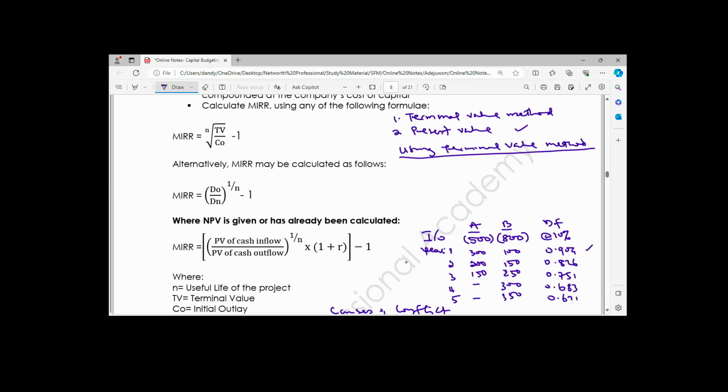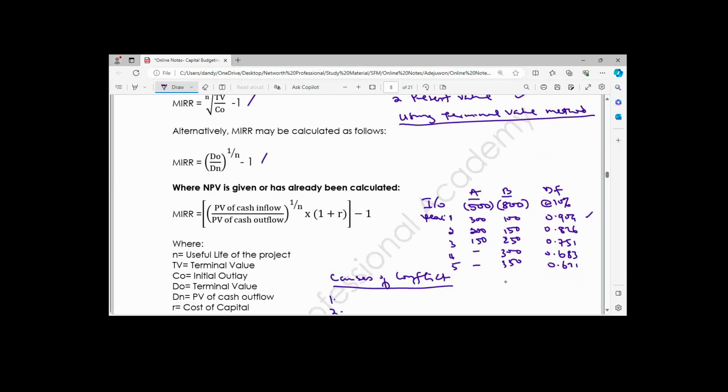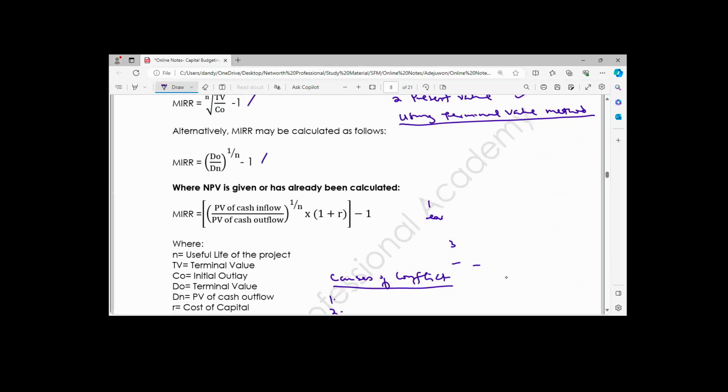Using this formula, either this or this one, whichever one you use, we are going to get the same answer. Therefore, how do you then calculate your terminal value? So let's quickly go through that. Let's use an example in this material to demonstrate that. But first things first, let me explain.